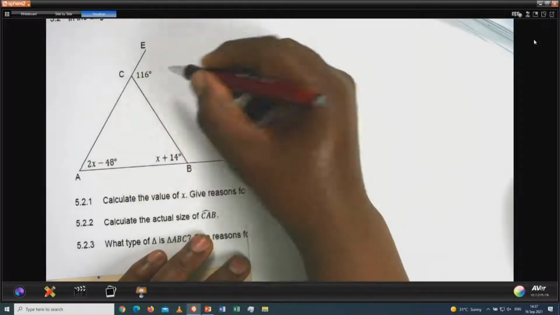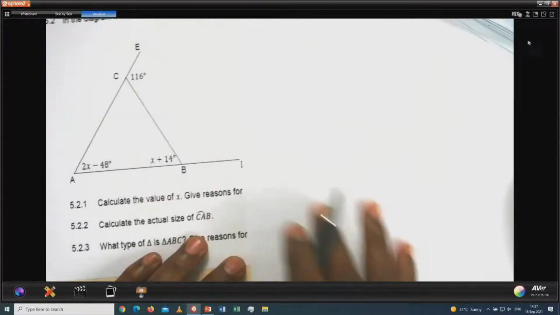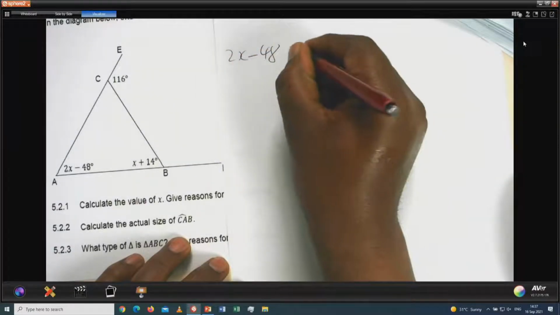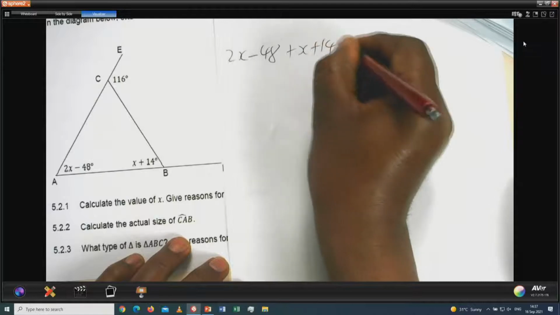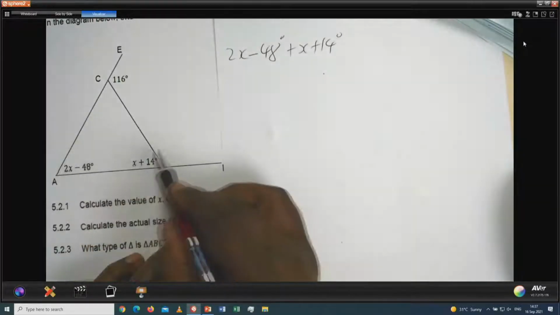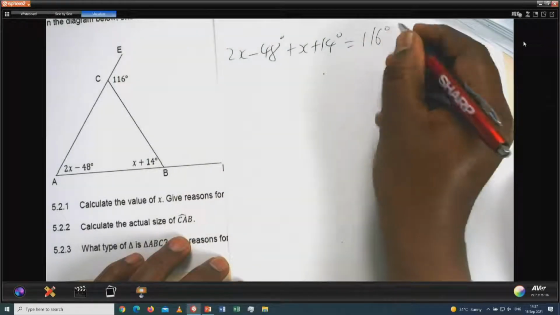I see exterior angle equals to 2 interior opposite. An angle outside the triangle is equal to the 2 internal ones and opposite. Therefore, like we said, let's put the variables on the left. 2x minus 48 plus x plus 14 will be equals to the exterior angle.